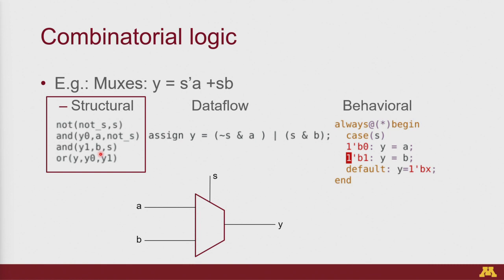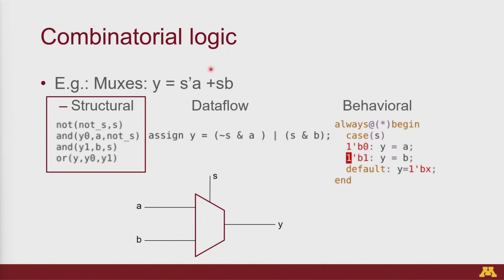So the next level is the RTL level, or you can even call it the data flow level. In the data flow level, you essentially abstract it away to your logical operations. For example, for this multiplexer, you can say something like NOT of S and A, or S and B, right?